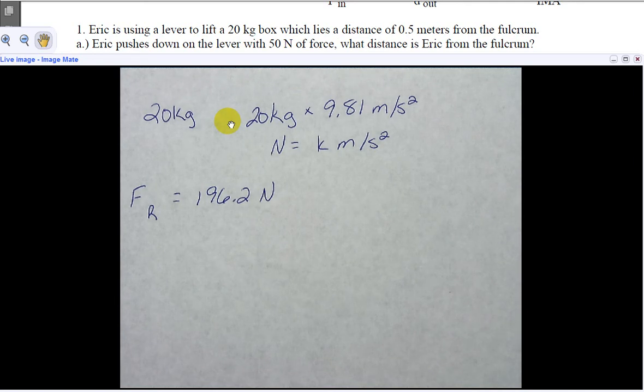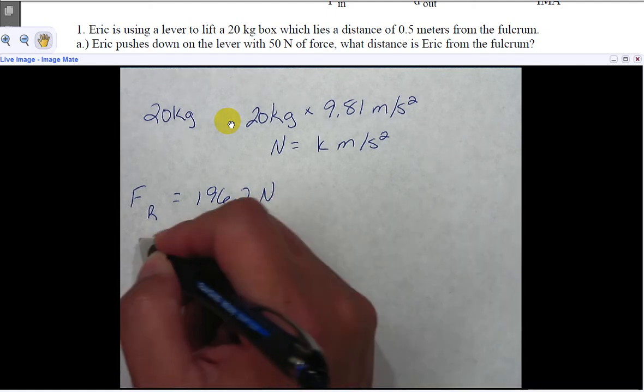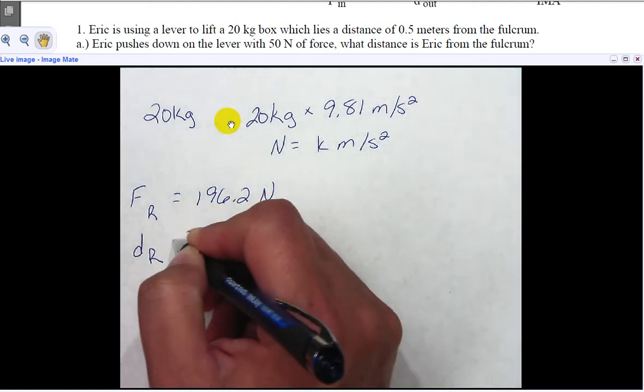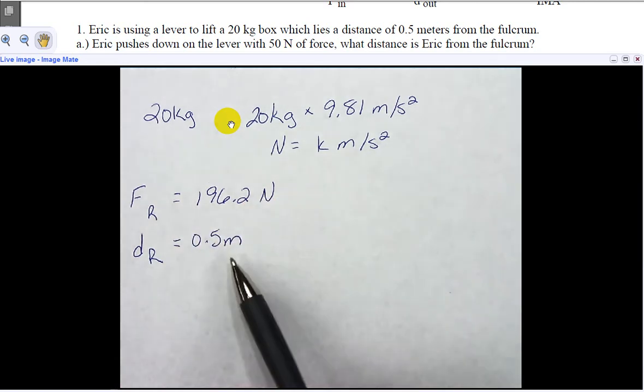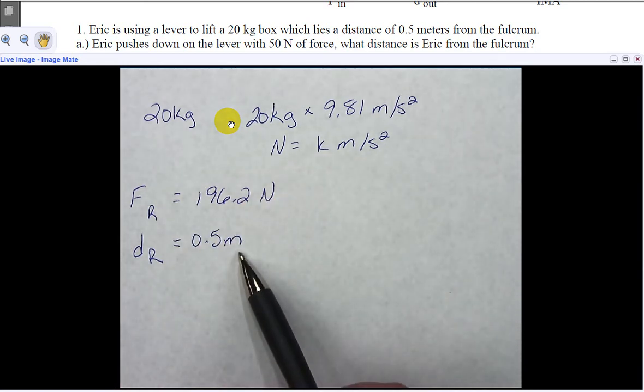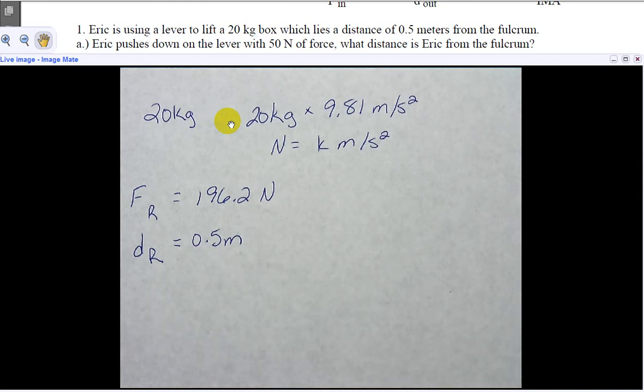So I have my force resistance, and it lies a distance of 0.5 meters from the fulcrum. That means my distance resistance equals 0.5 meters. My unit is correct because, remember, a joule is a newton meter, so I have to make sure that these are in meters.